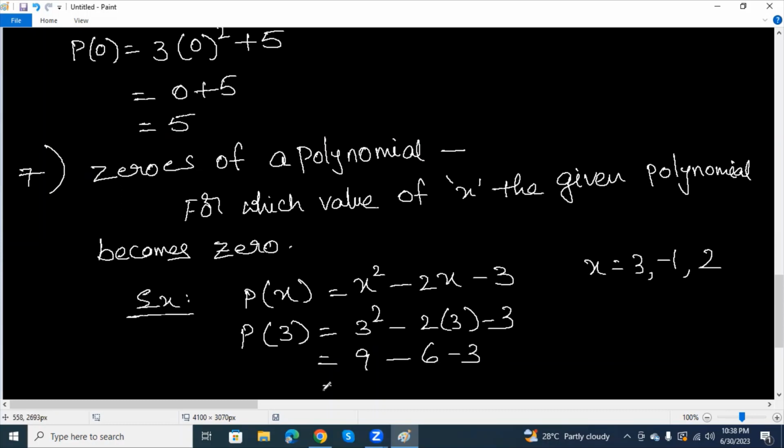So 9 minus 9 is 0. So when you substitute the x value as 3, this polynomial became 0. So hence 3 is called a zero of the polynomial. In the same way, you can test minus 1, you can test 2. If the value of this polynomial is coming 0, then they are called the zeros of a polynomial.